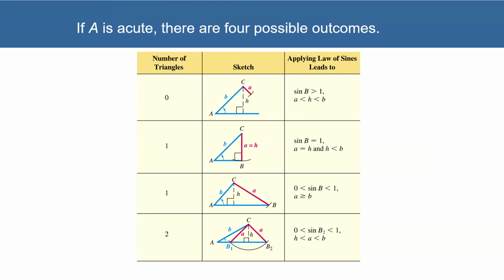If the sine of angle B is between 0 and 1, and side A is greater than side B, then I'm going to create one obtuse triangle. And then the last one is a special case where it produces 2 triangles in one, and so that means you'll have 2 A values coming out.